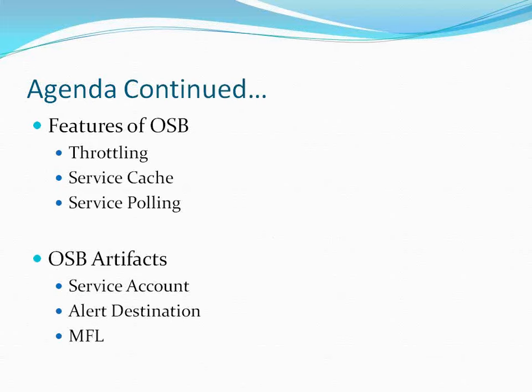Suppose anything goes wrong in your service and you want to send an alert to your team. There can be a developer team and a support team. So you can configure different alert destinations, one for developers and one for your support team, and you can choose whether you want to send an email or a JMS.